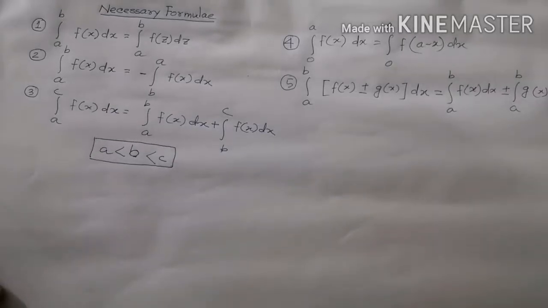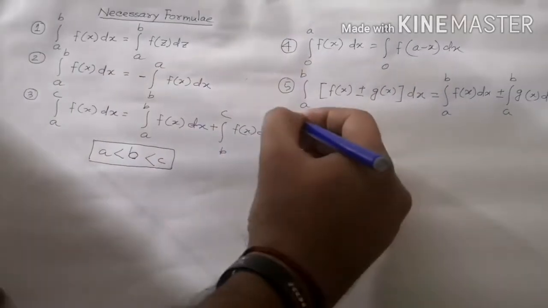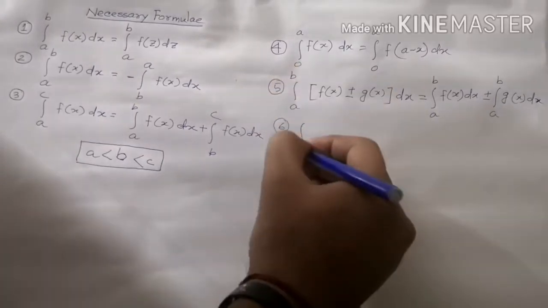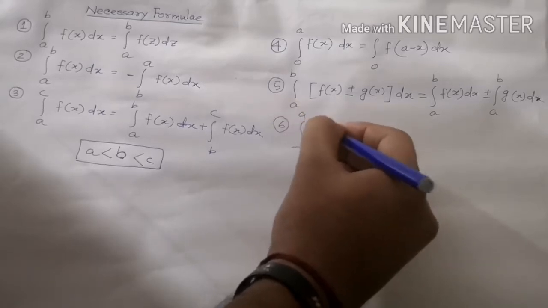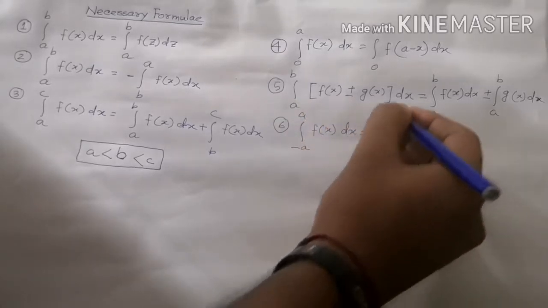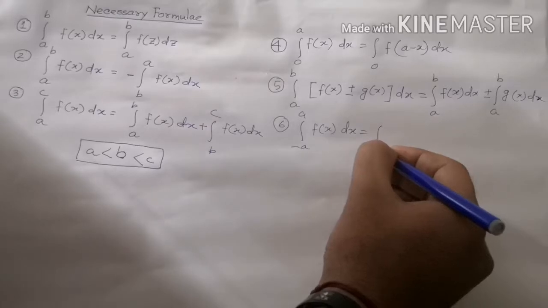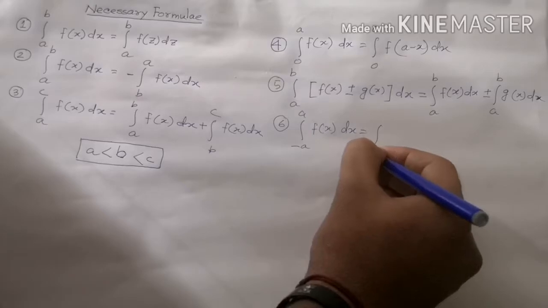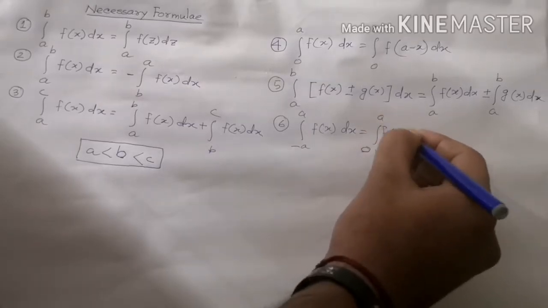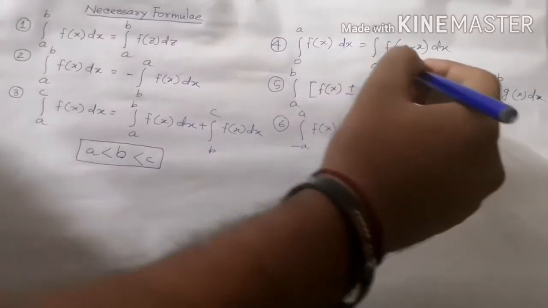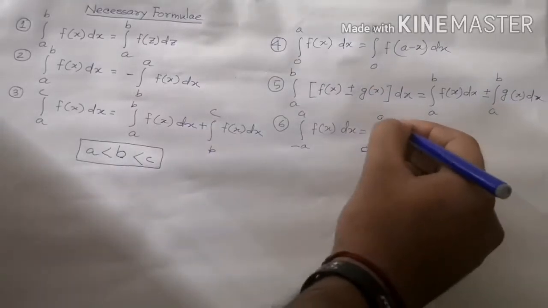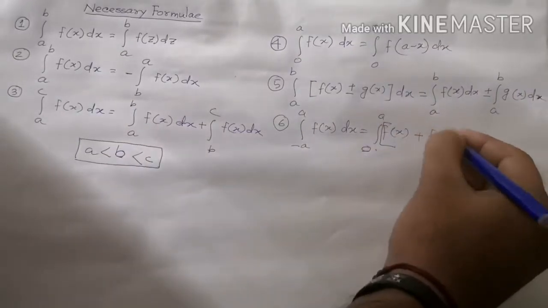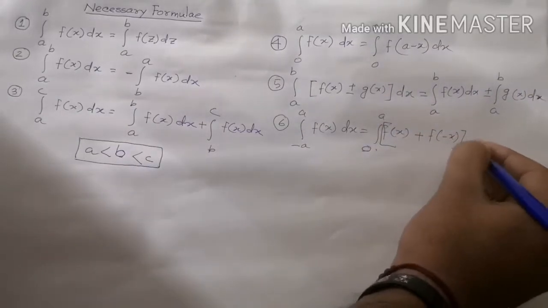Now the sixth formula is integration minus a to a f(x) dx equal to integration 0 to a of [f(x) plus f(minus x)] dx.